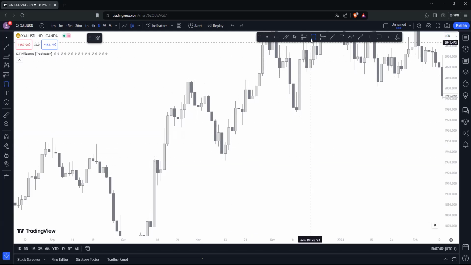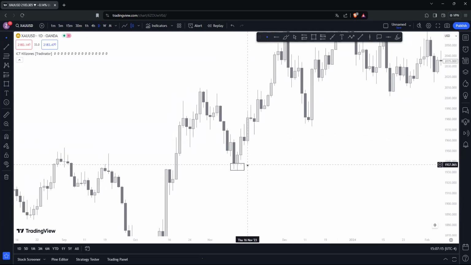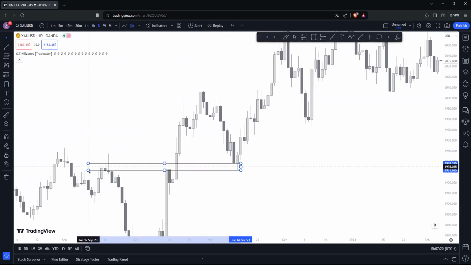What you're going to do is grab a box. You're going to box the wicks of that swing move, and you're going to push it all the way to the left. Okay, all the way to the left. And in this box, you have to identify fresh levels that got rejected by these wicks.